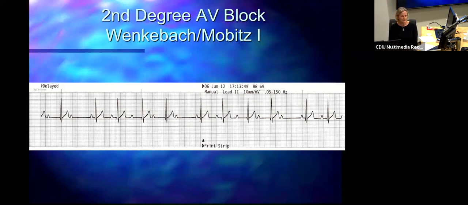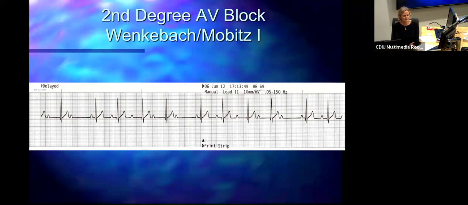So we're going to look to see if it's second degree block or third degree block. So step 1 is more Ps than we have R waves. Step 2 is the R to R regular or irregular. If the R to R is irregular, then we can look to see if it's the second degree heart block Wenckebach or Mobitz 1, or second degree heart block classical or Mobitz 2.